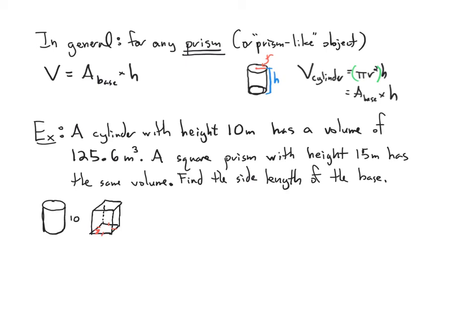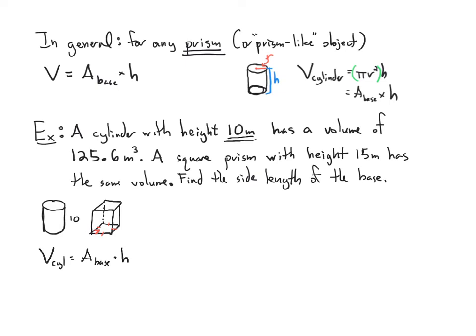So we know that the volume of our cylinder is the area of the base, which is a circle, times the height. And in fact, if you think about it, we don't really need the fact that the cylinder has height 10 meters. That's a little bit of a red herring. We're given the volume. So let's just use it here.